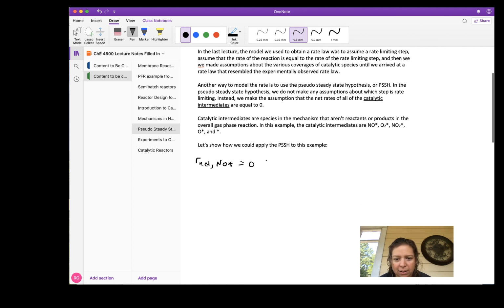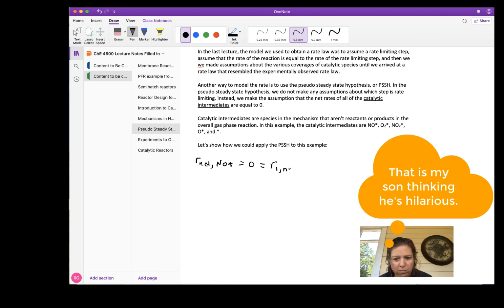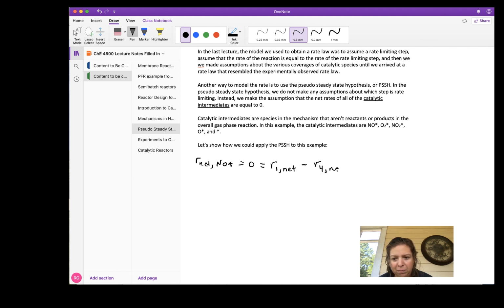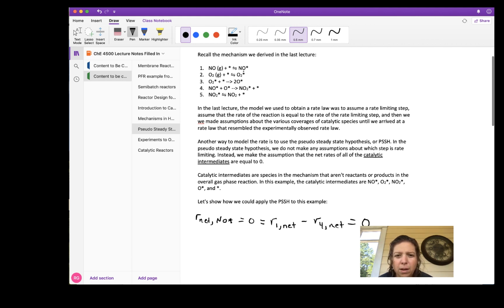So that would tell me that R1 net minus R4 net is equal to 0. NO star is being formed in reaction 1, so the net rate of generation there is positive. NO star is being consumed in reaction 4, so the net rate of generation is negative. When I put those together, I get R1 net minus R4 net is equal to 0.